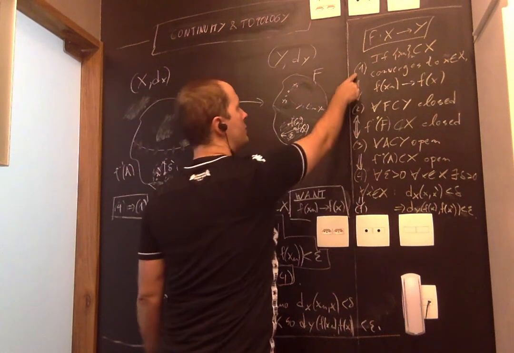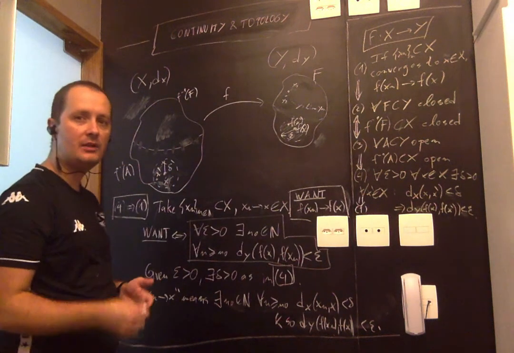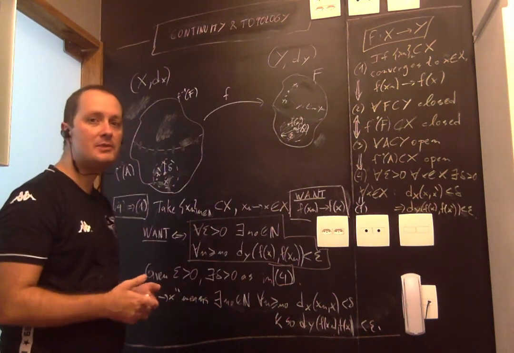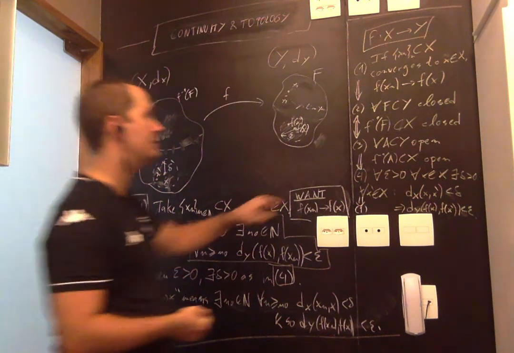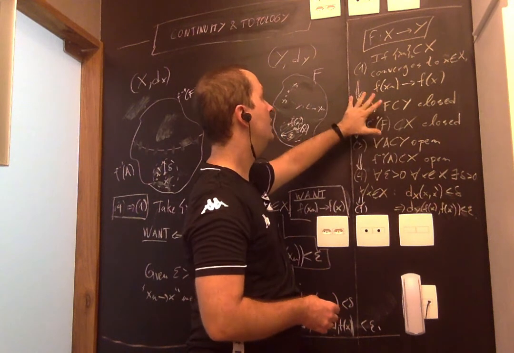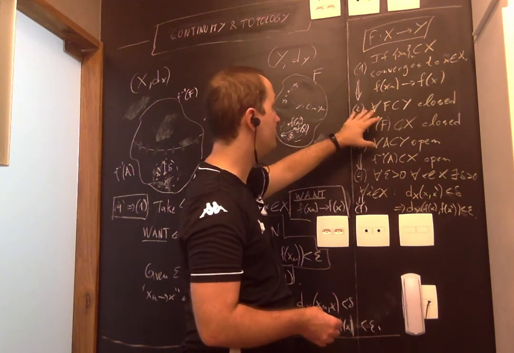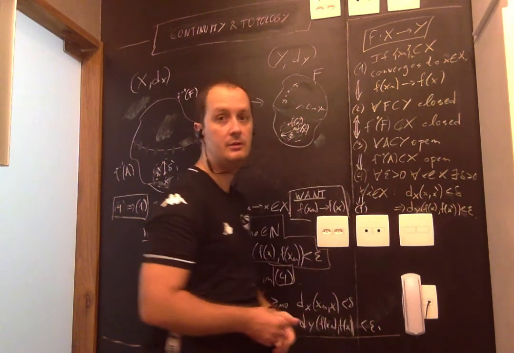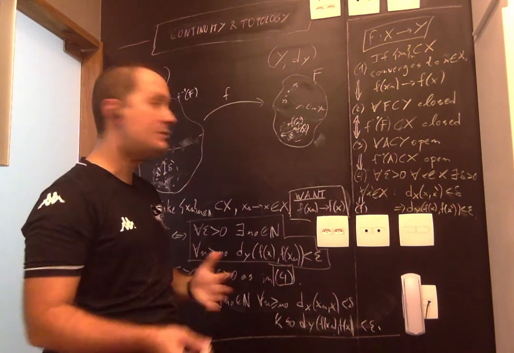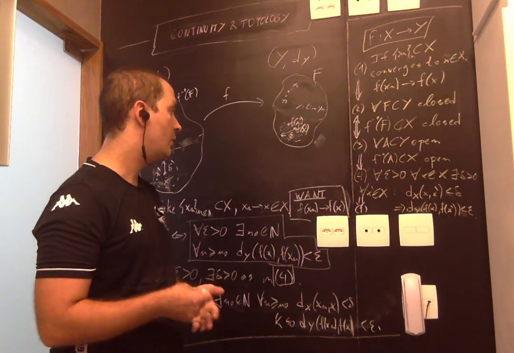It's a little bit harder to go directly from 1 to 4, in my opinion. But in any case, this is a second glimpse of this world of topological properties. They make sense on their own, and even when you have a metric, it might be convenient for some purposes to think of things in terms of topology. And we're going to be doing that for the next sections of the course.